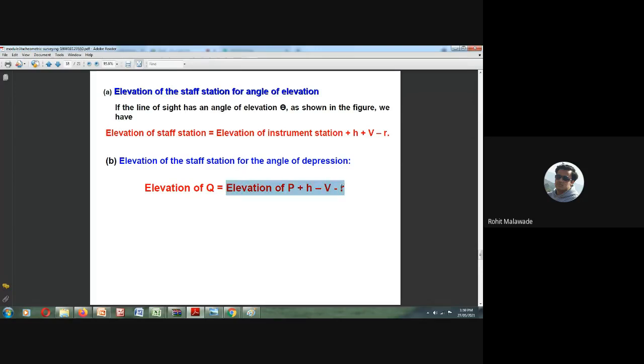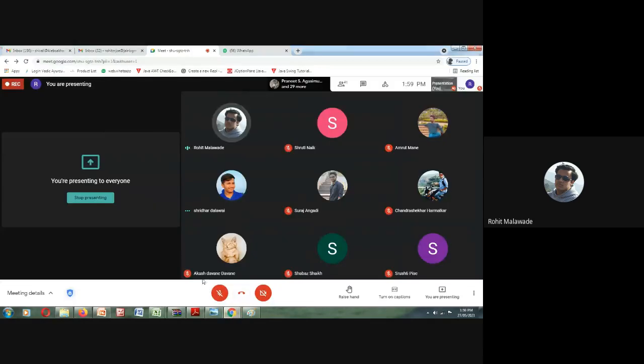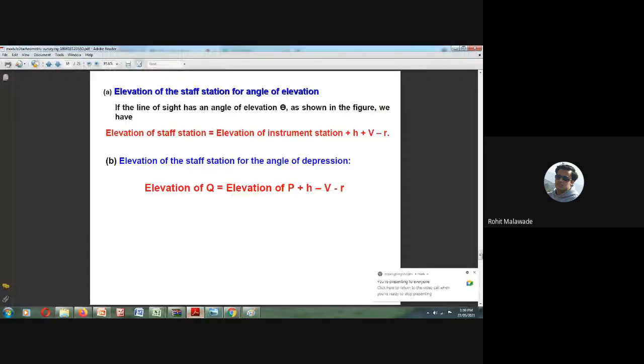See, what is important in this type of problem is, after reading the problem, you need to draw the problem very accurately, then your problem will become easy.